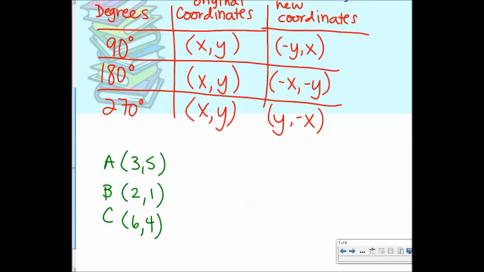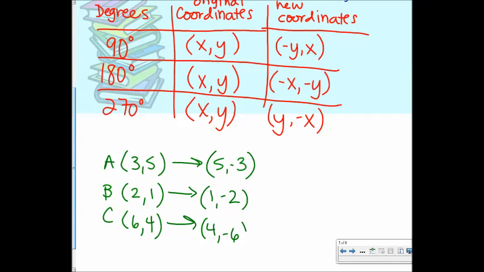And what's my new A prime? It's 270 degrees, so what happens? 5, negative 3. Good. I flip it, and the x is negative. What's my new B? Good. And then the new C. Perfect. 4, negative 6. Okay? So those are your flips. All of these are counterclockwise.